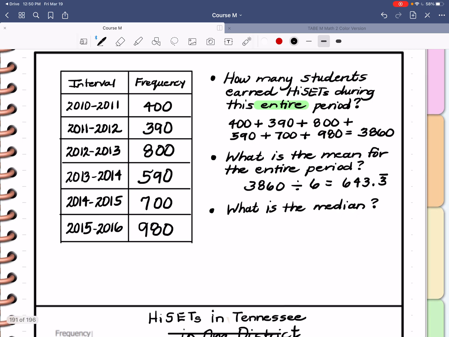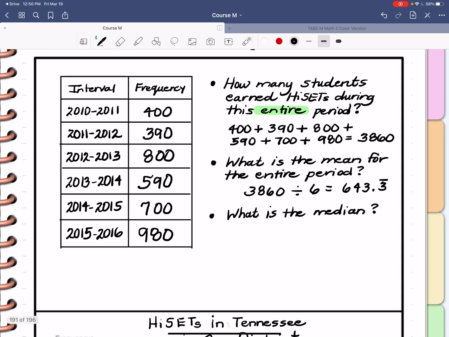I'm just going to use my frequency table since I've got it already here. So I have 390, 400, 590, 700, 800, and 980. So the middle is right in here.